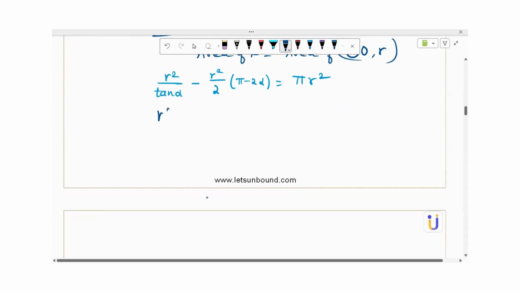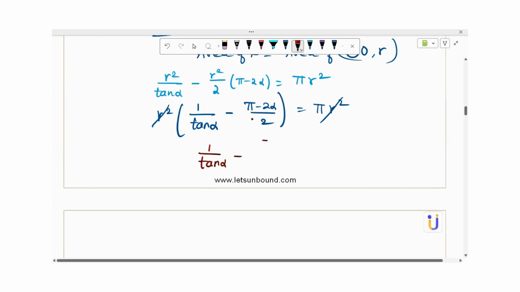First thing, I will take R square common, simplifying. You need to make alpha the subject. Minus pi minus 2 alpha by 2 equals pi R square. R square will get cancelled. And focusing on alpha, okay, actually we can go with solving for alpha using the numerical solver, equals pi. So let's switch to the GDC and solve this part.